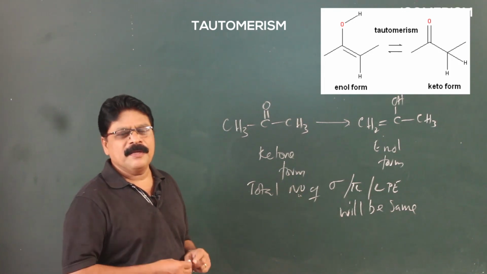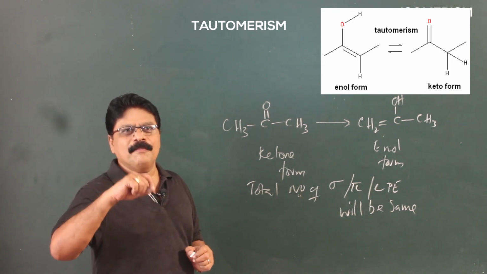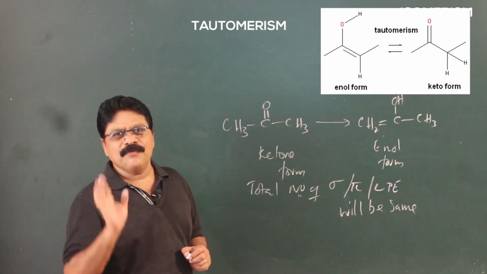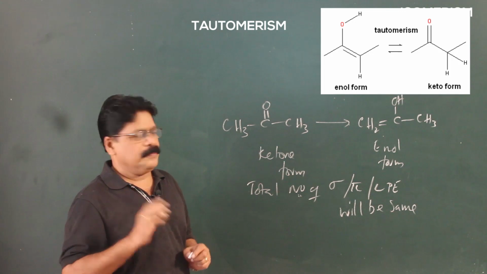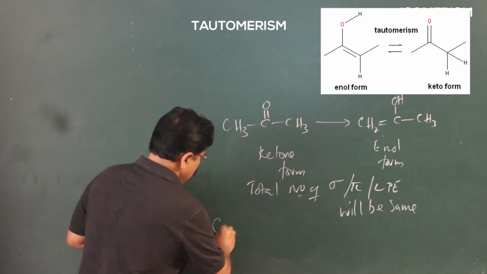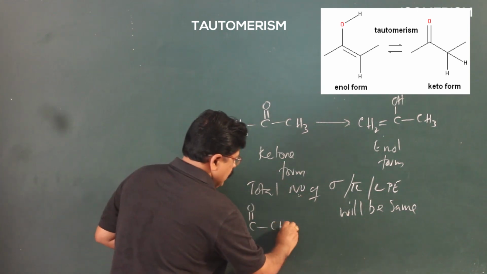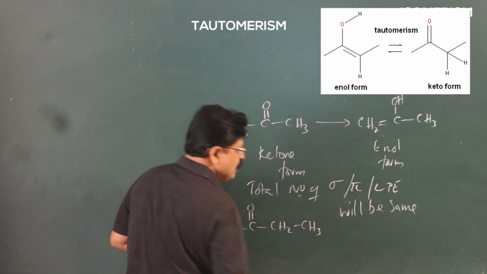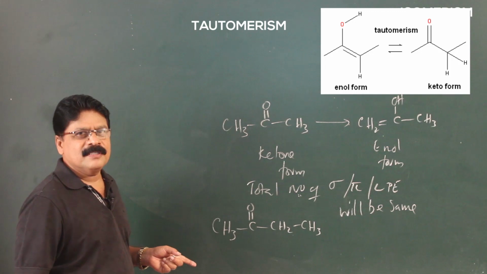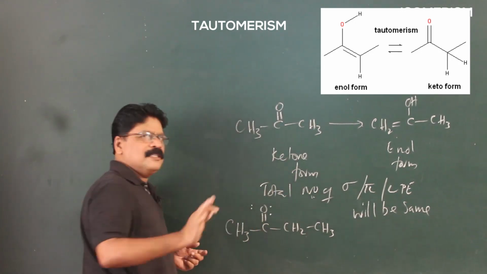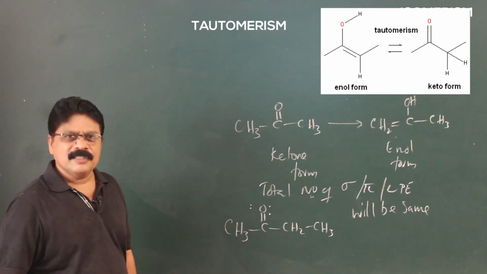Suppose you get a question: what is the total number of sigma and pi bonds and lone pair electrons in the enolic form of butanone? All that you have to do is write the structure of butanone and count the number of sigma and pi bonds and lone pair electrons. That will be your answer, because the total number of sigma, pi bonds and lone pair electrons does not change.